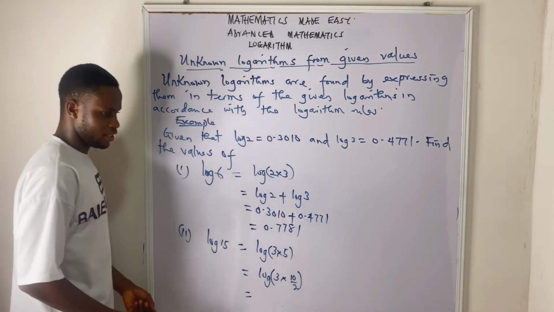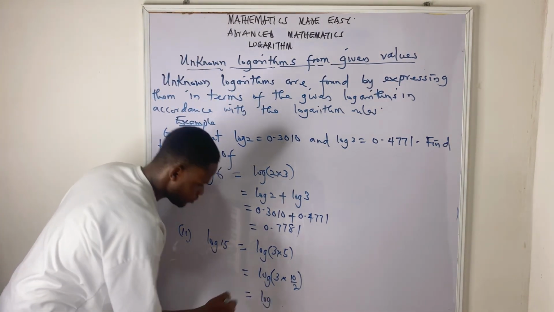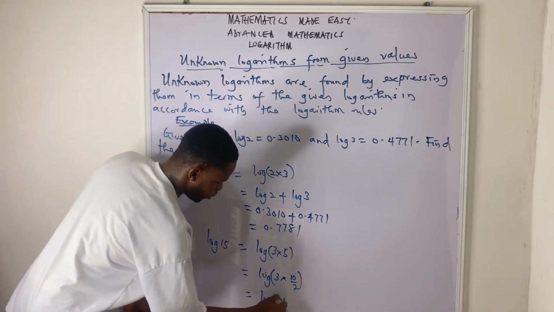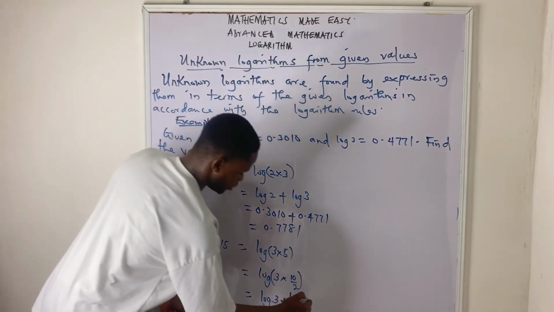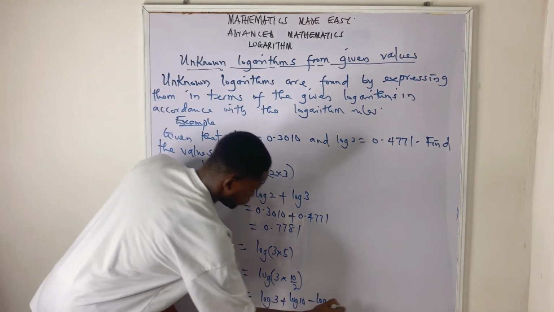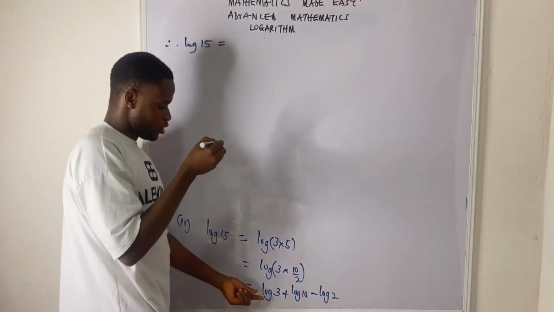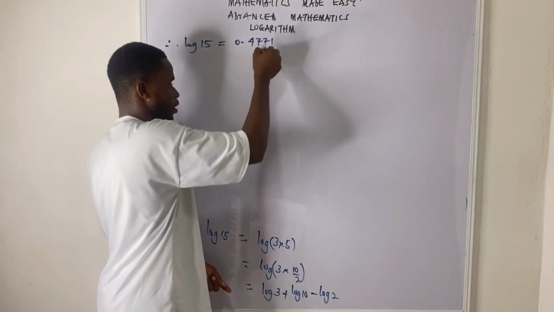And how do you go about that? Let's separate. So this will give us log 3 plus log 10, and division, don't forget, is subtraction, minus log 2. Therefore, log 15 will be equal to, so what's log 3? 0.4771.